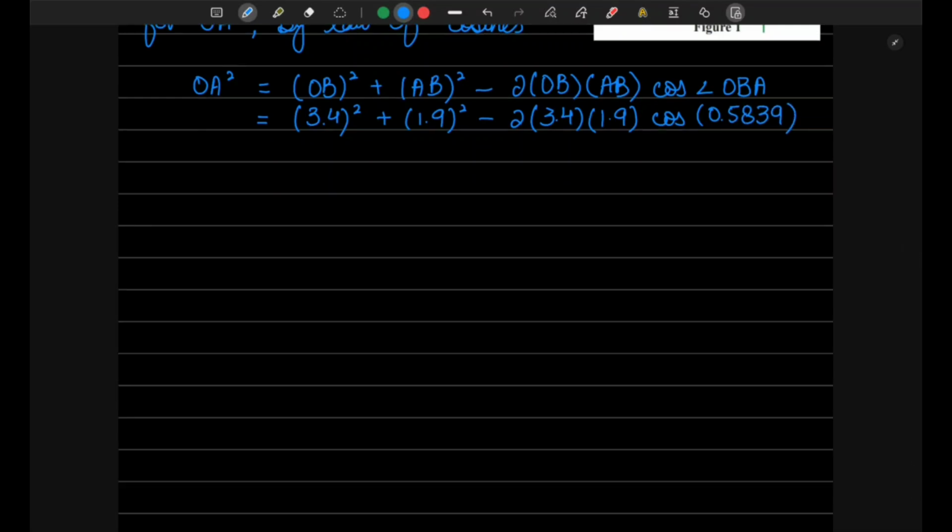So let's solve it. This is OA square, but when you square root it, OA will be equal to 2.0953.